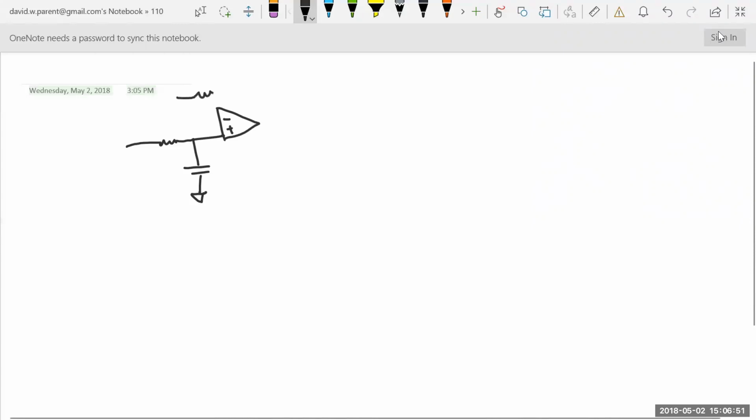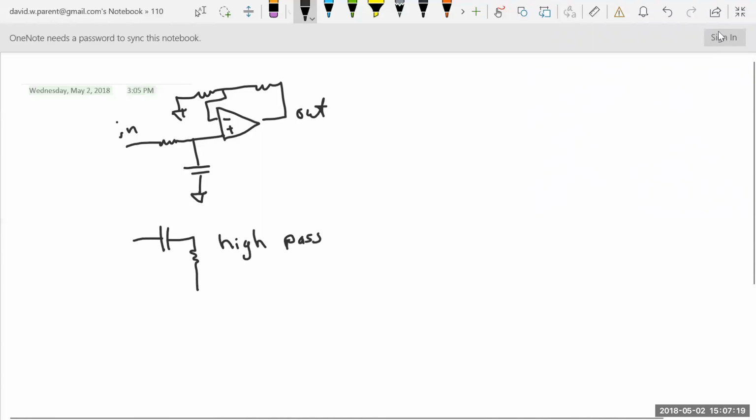And maybe there's some gain, right? We've exchanged this for that. This was the high pass, right? I'm just saying there's an op amp here, right? I'm not going to draw the whole thing. And this was low pass.